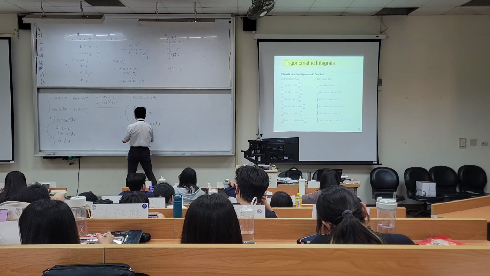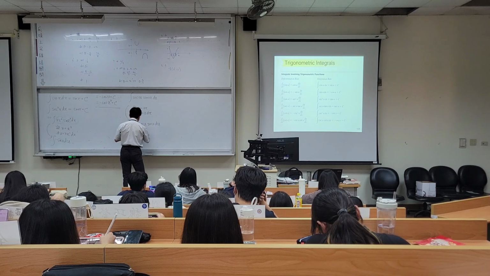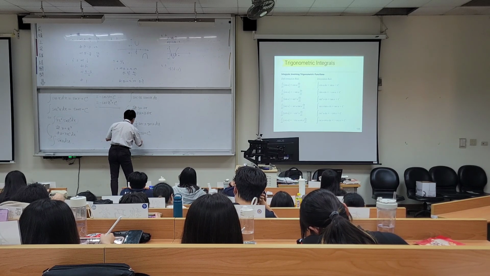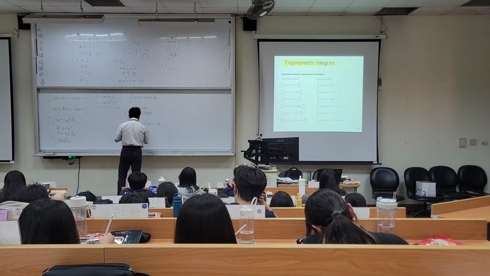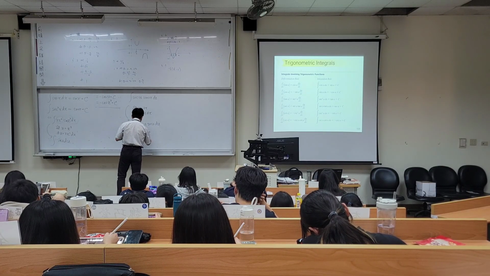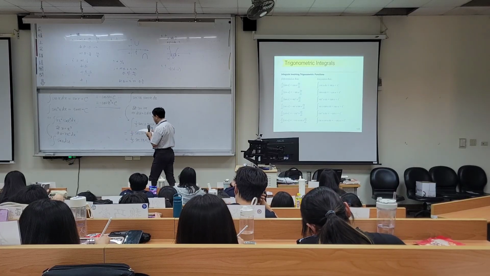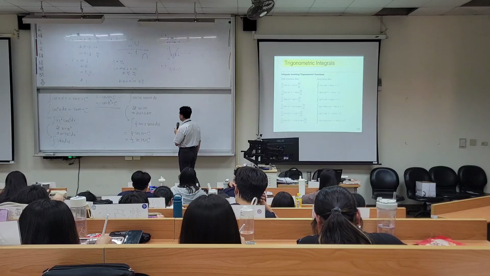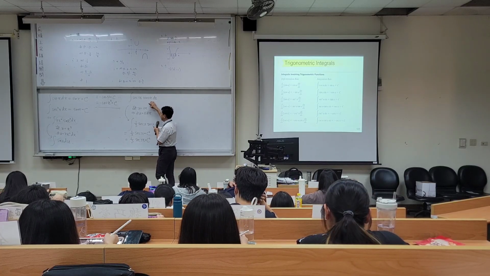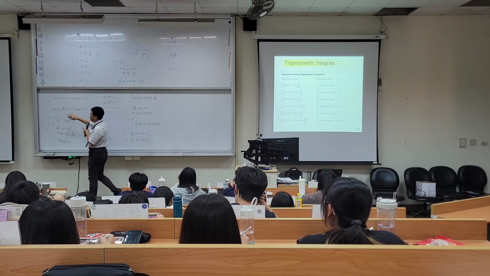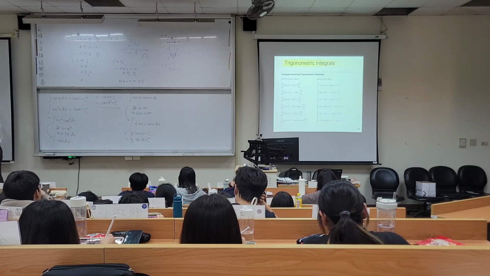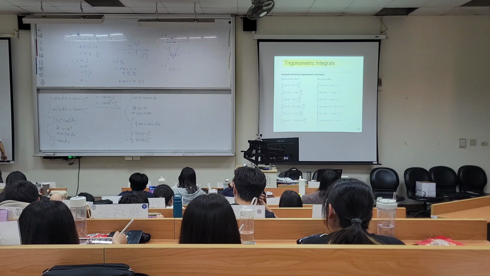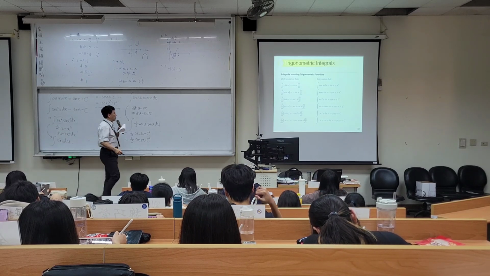So it will be 1/3 secant u plus a constant. So be equal to 1/3 secant 3x plus a constant. Okay? So which is not too difficult. Just use the table here. Just some integrals involving trigonometric functions.